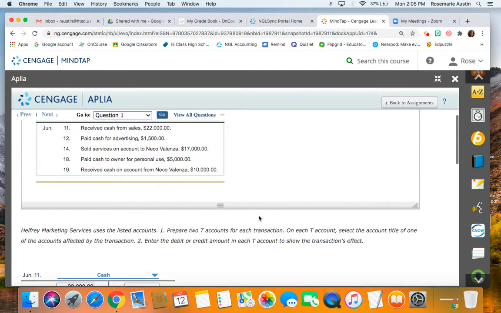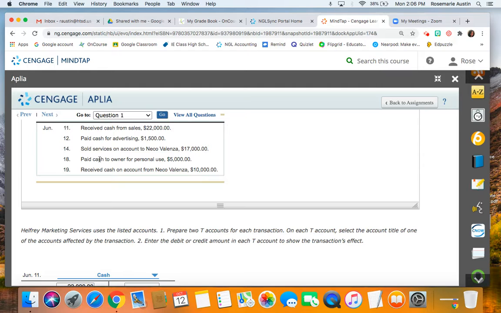June 18th, paid cash to owner for personal use. That means that the owner withdrew cash from his business in the amount of $5,000 for personal use. So that's going to be the owner's drawing account, is going to be one of the accounts that's affected. The other one, obviously, will be cash. All right. So if you're paying out cash, cash is going to go down.